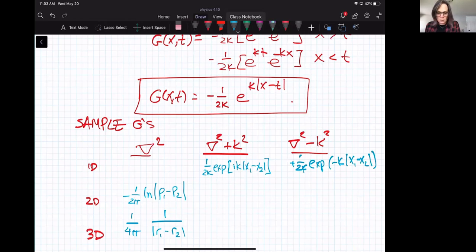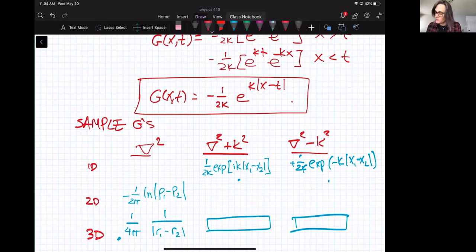What's interesting, and you can look up the solutions here, but you can imagine that they're essentially combinations of what we find here and what we found up here, namely a 1 over 4 pi, and then these exponential terms. What we're going to focus on next week is what happens right here.